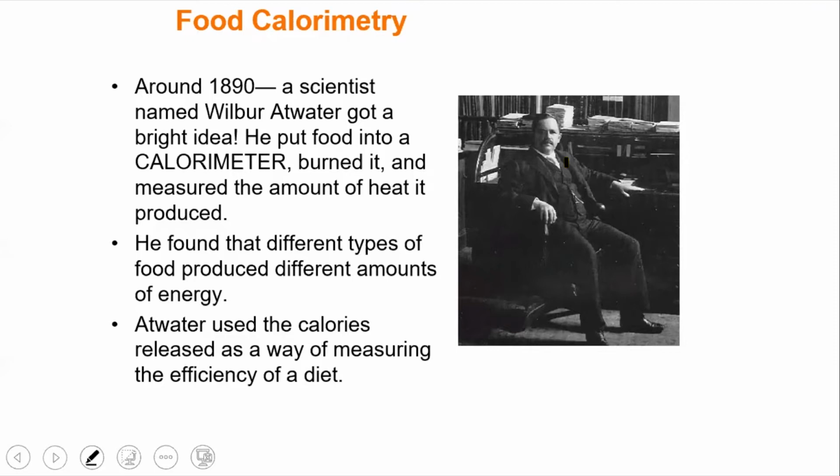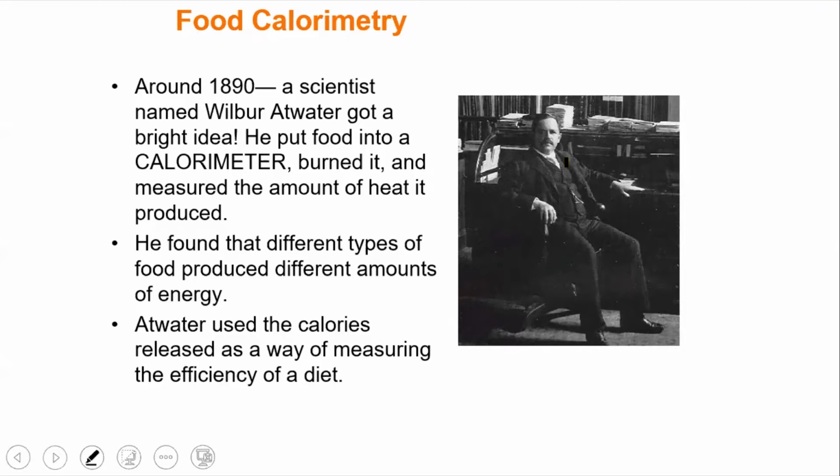So what he did was, back in the day, before scientists understood that heat and work were both forms of energy, and believe me, let me tell you this side story before I go on. In the old days, like in the 1800s, there was a theory that heat was some kind of substance. It was called a caloric. And the idea was that this substance was exchanged between the system and surroundings.